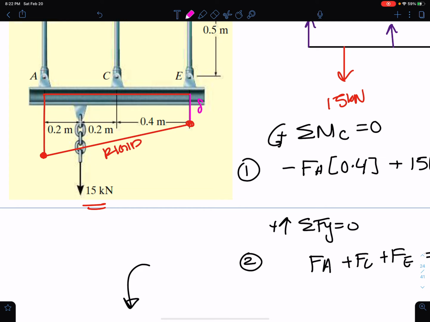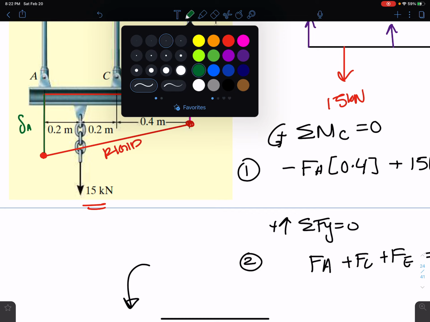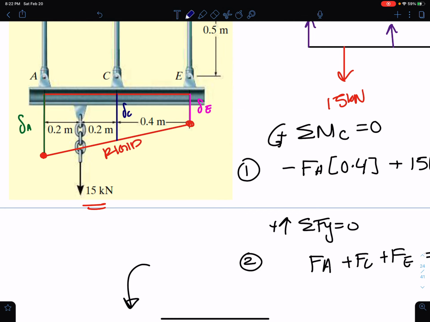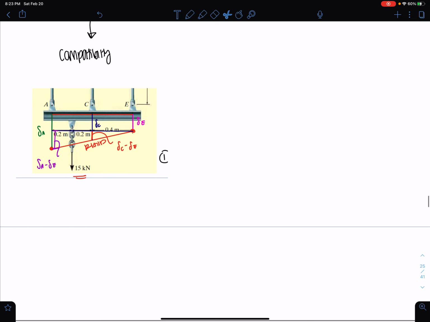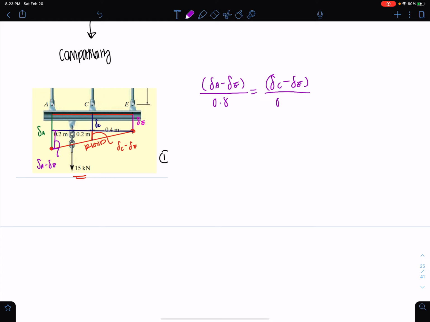So this here is delta E. This here is delta A. And this here is delta C. And this little portion here is delta C minus delta E. And this portion here is delta A minus delta E. So if you guys see from these triangles, I get that delta A minus delta E is to 0.8, as delta C minus delta E is to 0.4.